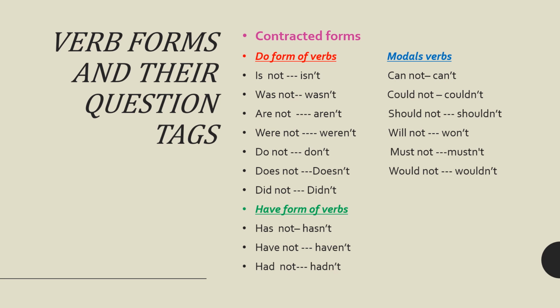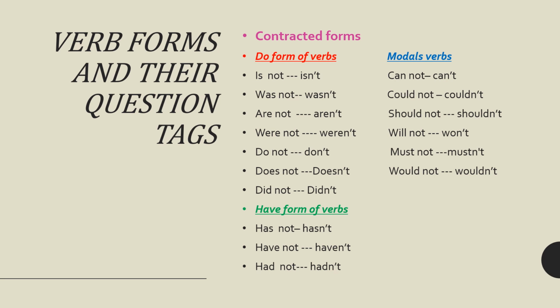Let us study about the verb forms and their question tags. There are some contracted forms for do forms of the verbs, have forms of the verbs and modal verbs. First, let us see do forms of the verbs. Is not, isn't; was not, wasn't; are not, aren't; were not, weren't; do not, don't; does not, doesn't; did not, didn't.